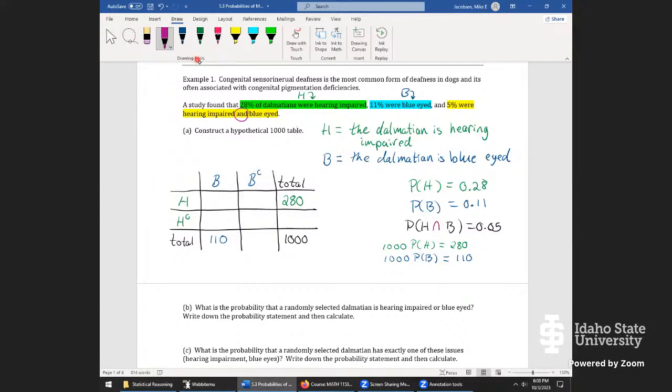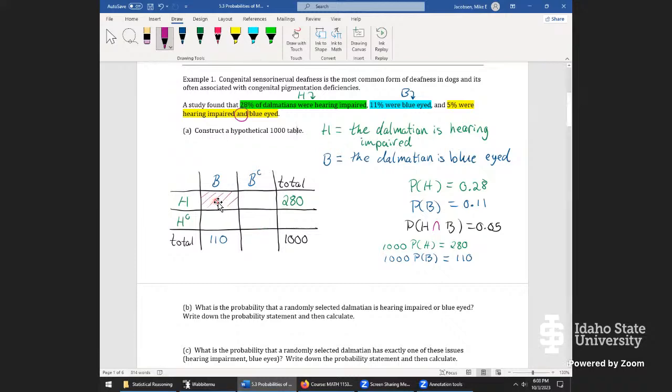Now take 1,000 times probability of H intersect B, and we'll get 50, but we need to know where to put that 50. Here's the big hint on this. Right in this cell, let's kind of highlight it. That is H intersect B, right inside there, times 1,000.